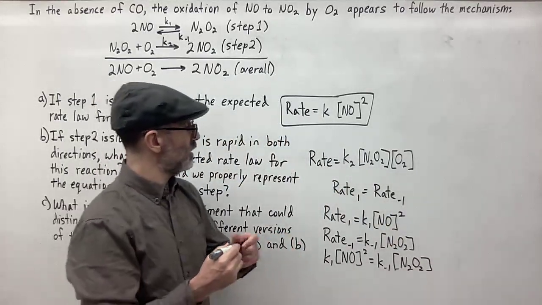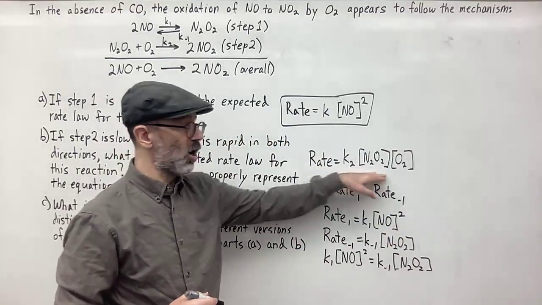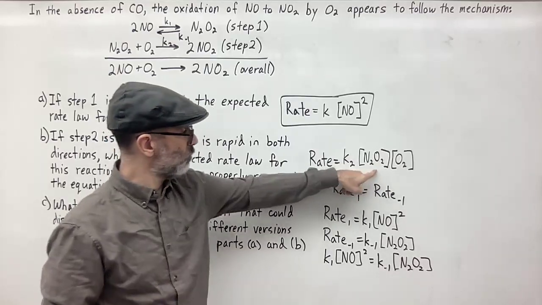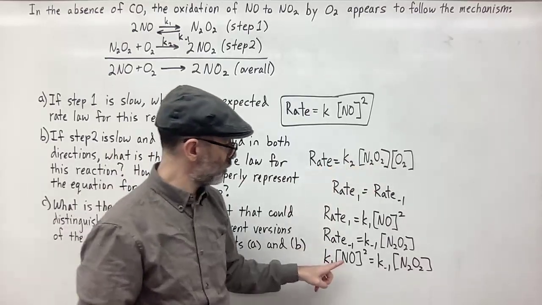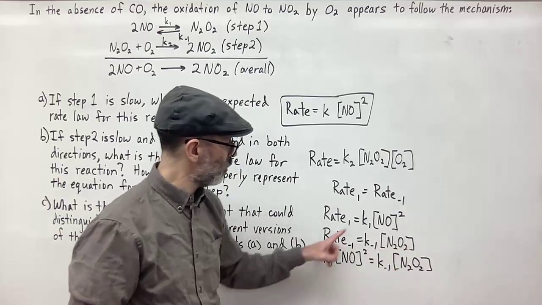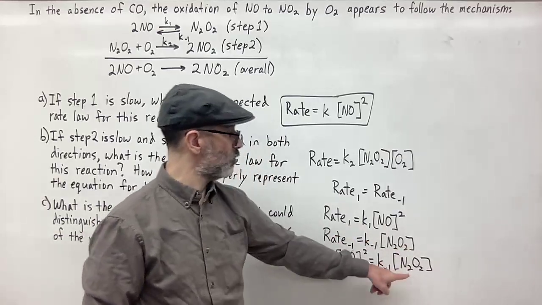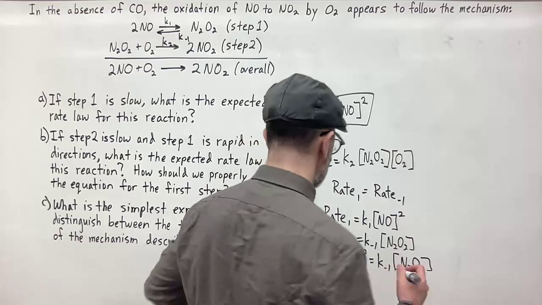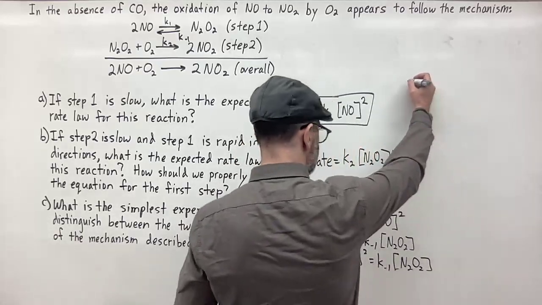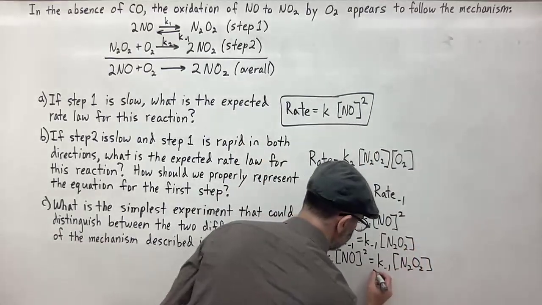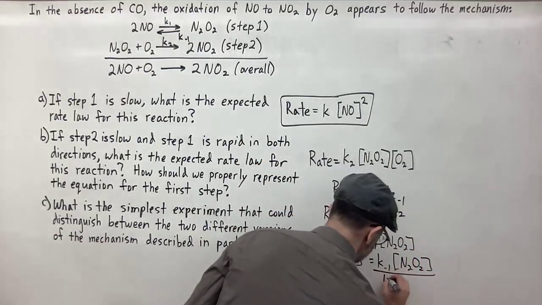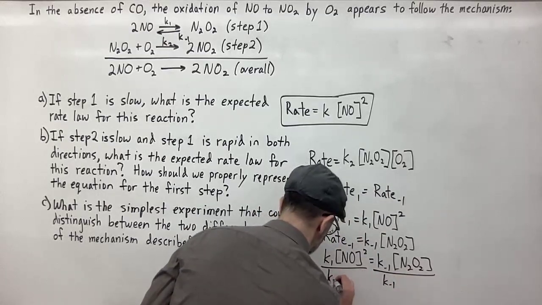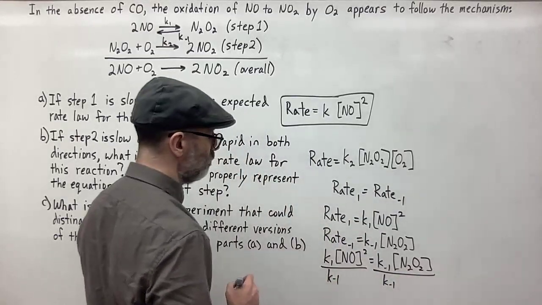Since this is the rate law for the overall reaction, we want to get rid of this. So we're going to solve this for N2O2 and then substitute for N2O2 in the equation. If we do that, we can divide both sides by K minus 1.